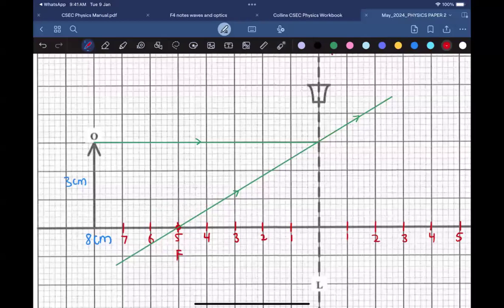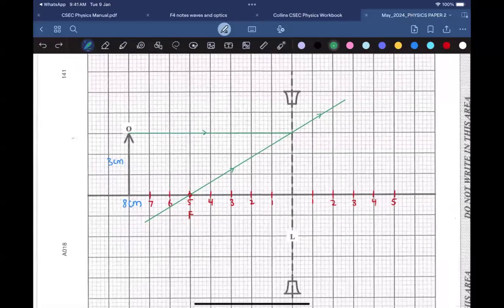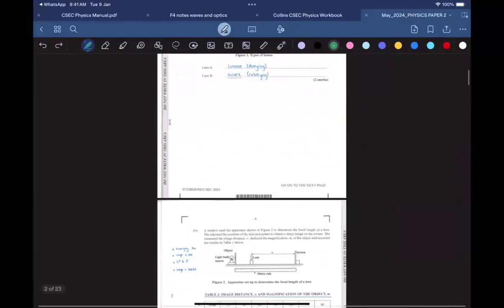What's the other rule? The other rule, and it has to intersect. No, you have to use the other rule to get the intersect. Alright. Let me get a chance to copy down the rule there.